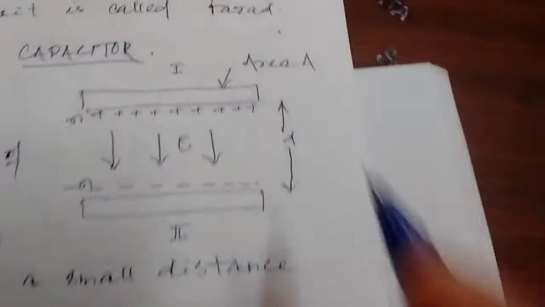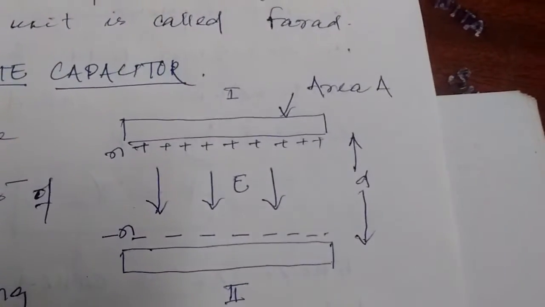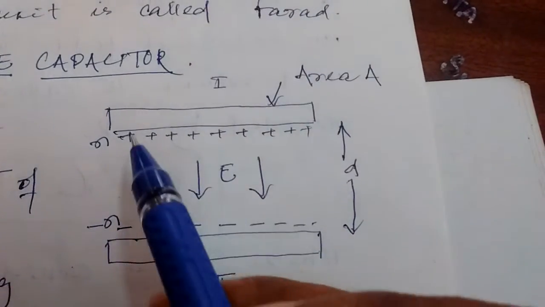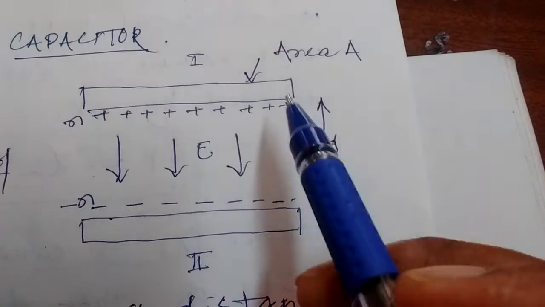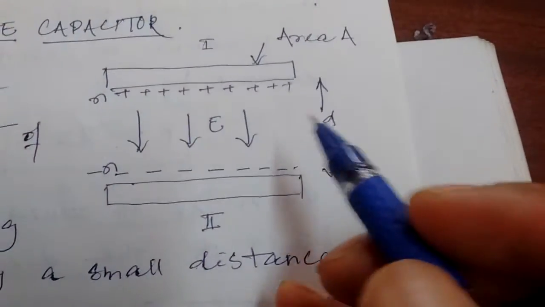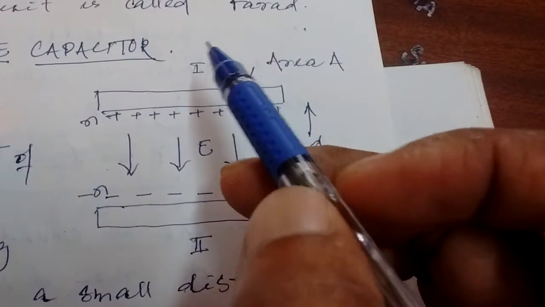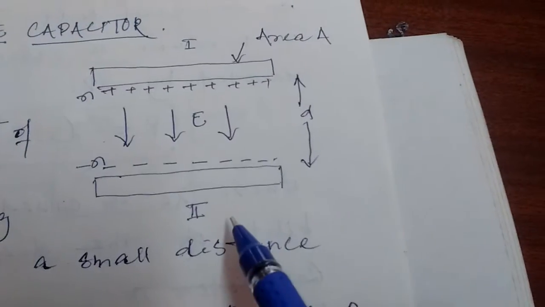Now come to the operation. Now look, this is the capacitor. Of course, the electric field will always be from positive to negative in this manner. First consider the outside region, that is region 1 and region 2.